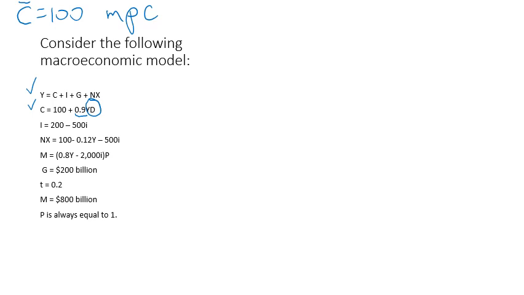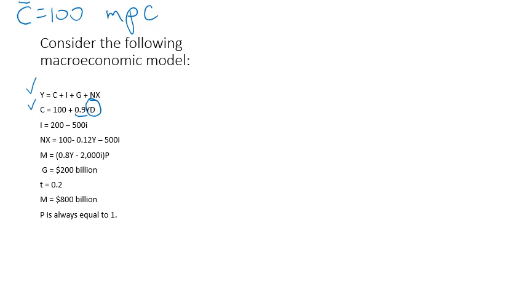And together, these two terms, 100 plus 0.9 times YD, constitute total consumption. The first part, autonomous consumption, and the second part, non-autonomous.